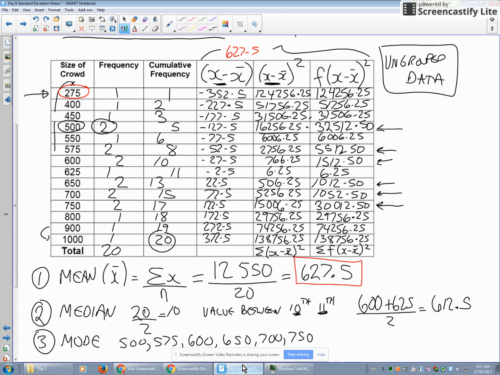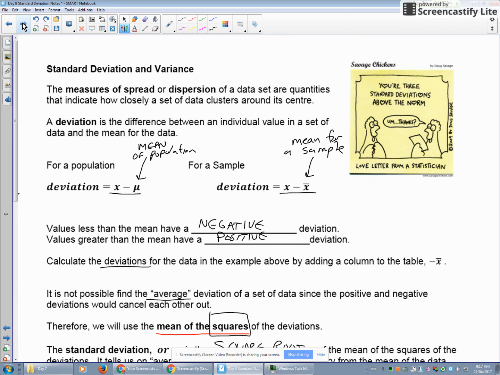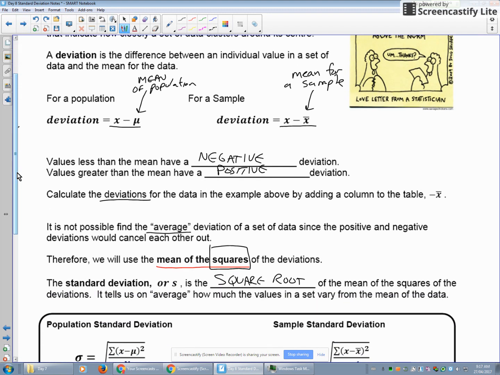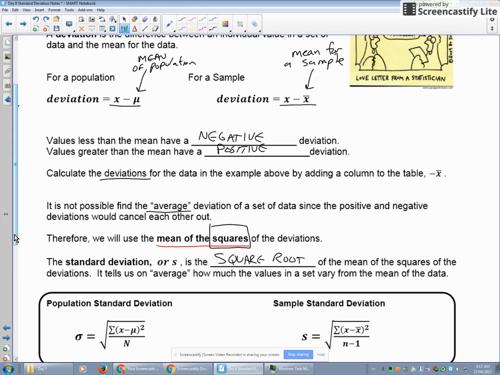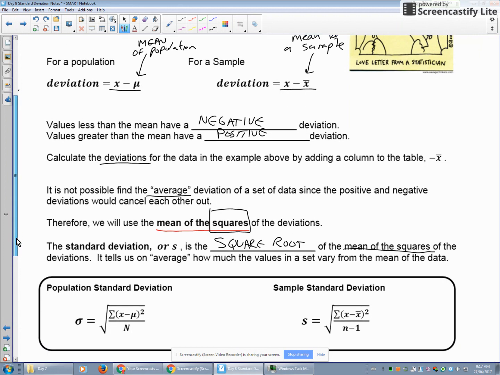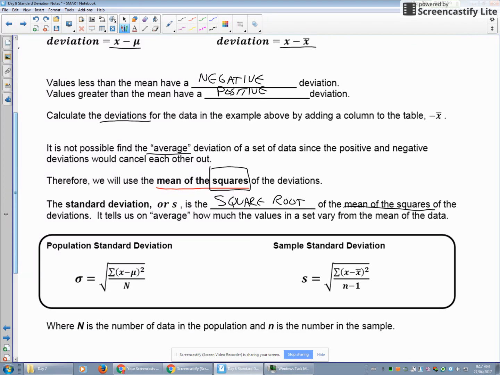And finally, we're told that our standard deviation is the mean of the squares. So we've calculated the squares, and in order to do the mean, we have to sum them all up and divide.